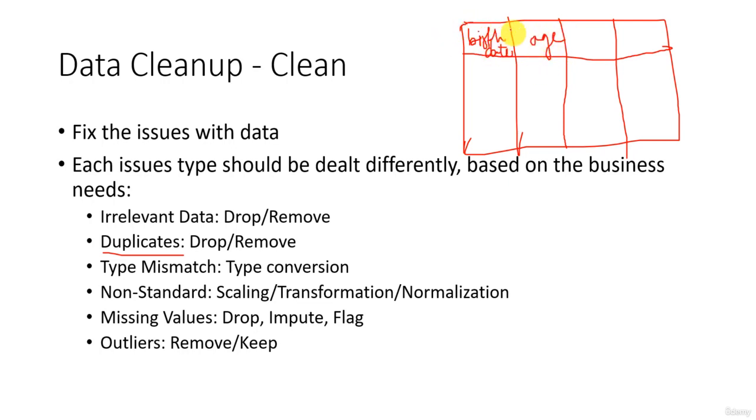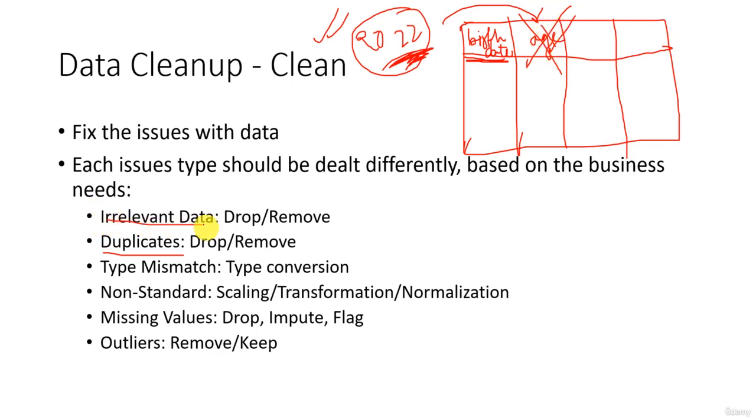Now you can clearly see, using this birth date and the current time, that is the present time, the date that I am recording here is 2022. So the birth year and the current year can be used to calculate the age. So this age is no longer necessary if you have this birth date. So you don't need this. You can directly remove this age, which is irrelevant data.